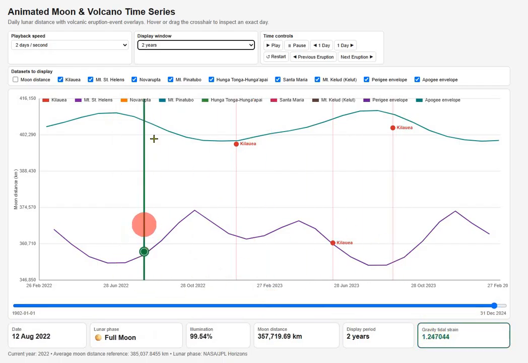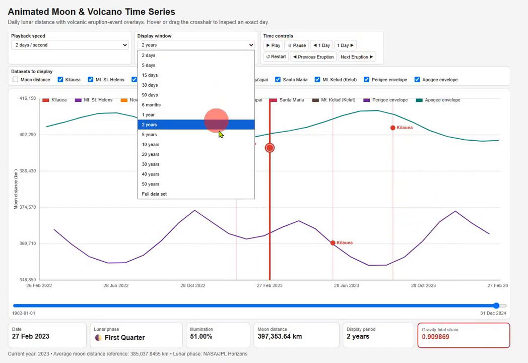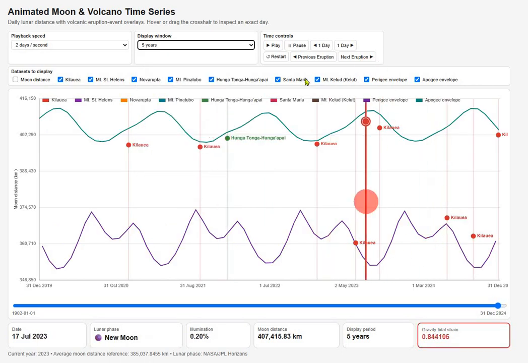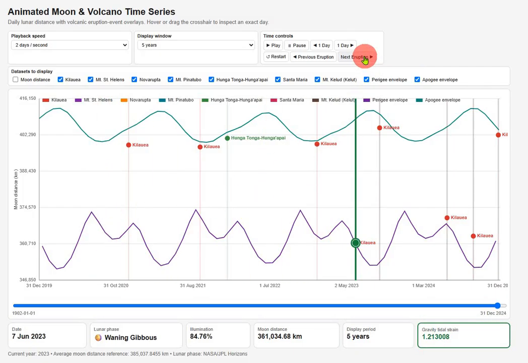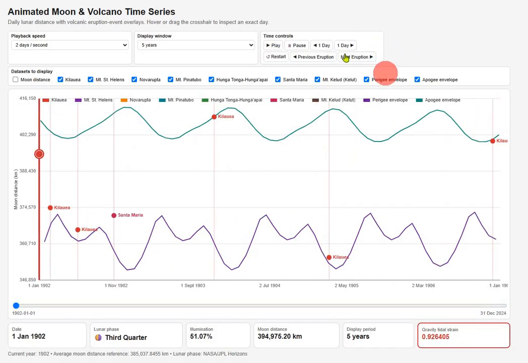So these are the high points of the orbit, these are the close points. When you look at that, we'll do 5 years. We're going to see that there is some action happening in mid-orbit, but a lot of these fall right at the extremes. Let's reset this.